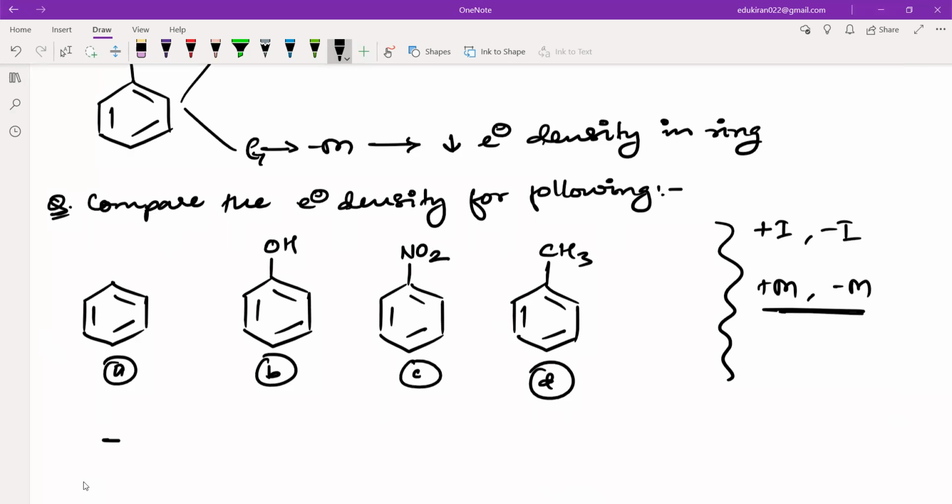What about OH? First of all, tell me, will there be any plus M, minus M here? Plus M. OH will be plus M. What about NO2? Minus M. What about CH3?